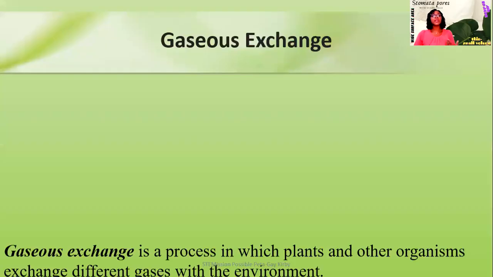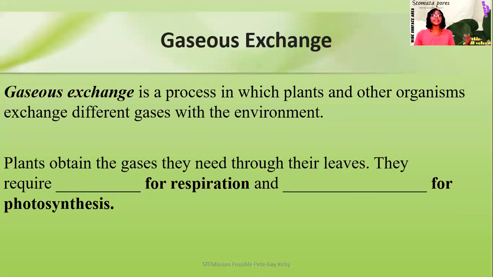So for today, we're looking at gaseous exchange. What does it entail? It is a process in which plants and other organisms exchange different gases within the environment. Now, plants obtain the gases they need through their leaves. What do they require for respiration? What do they require for photosynthesis?